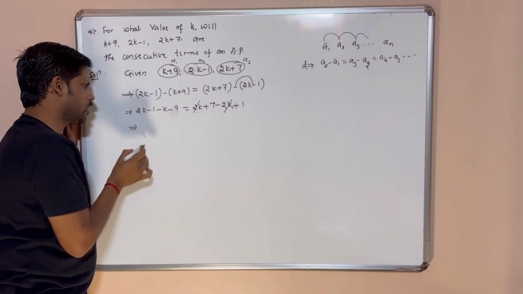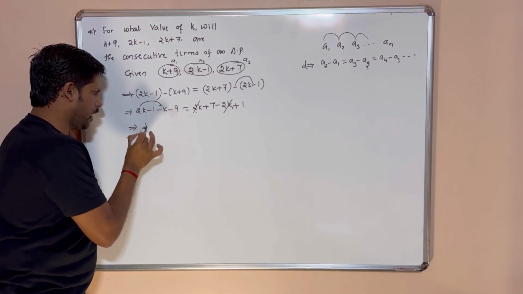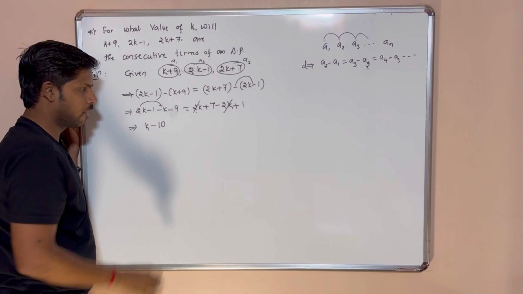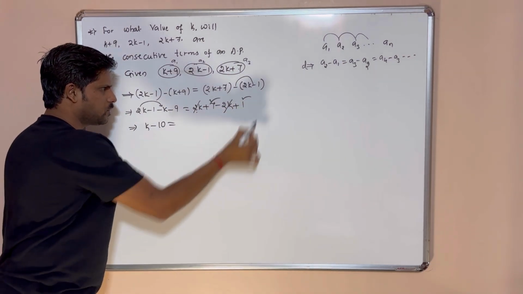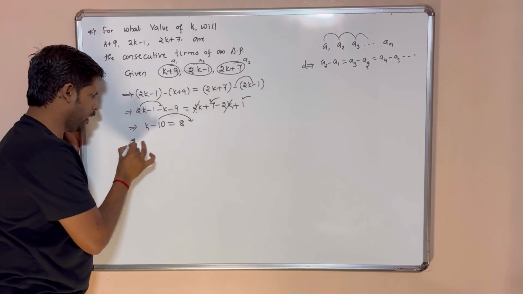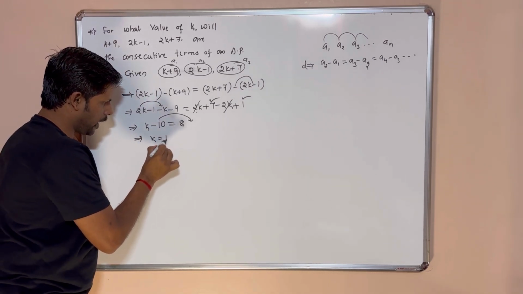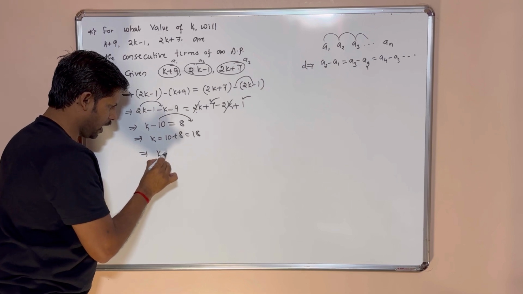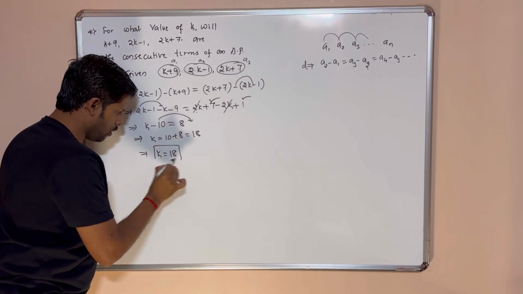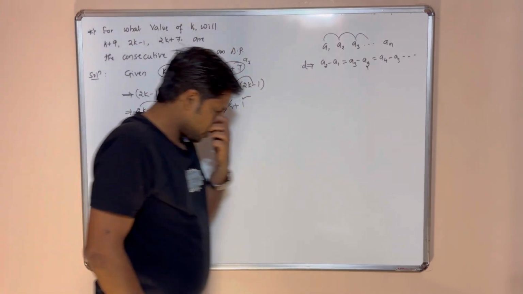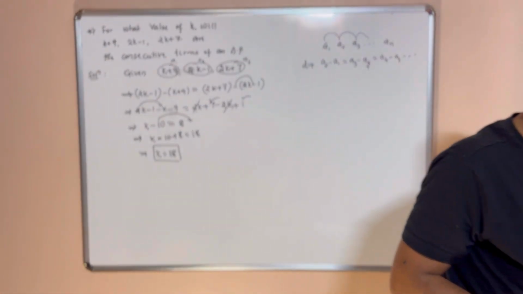And here we remain with 2k minus k, 1k, minus 1 minus 9, minus 10 is equal to 7 plus 1, 8. Now take this 10 to RHS, we get plus 10. So 10 plus 8 is equal to 18. So the k value is 18. When the k value is 18, then the given terms will become an AP.